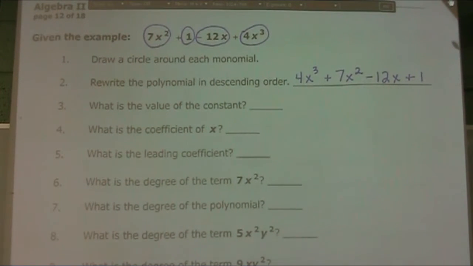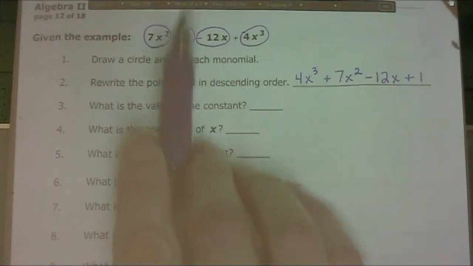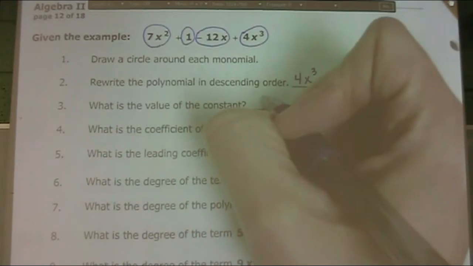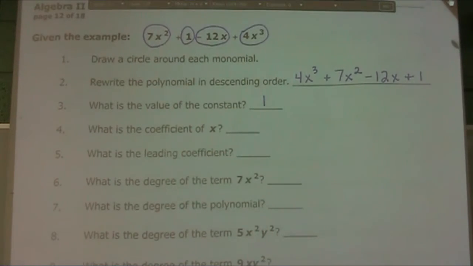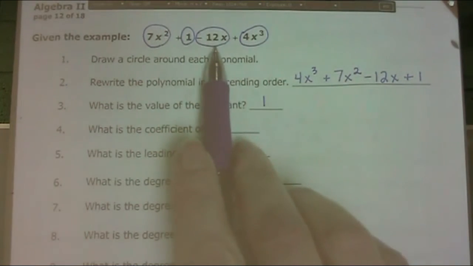All right. What is the value of the constant? Remember, the constant is a number without a variable. It's a number all by itself. That's 1. So the value of the constant is 1. What is the coefficient of x? You're going to go to the term that has x. That's right here. And the coefficient is the number in front of it. That's negative 12.